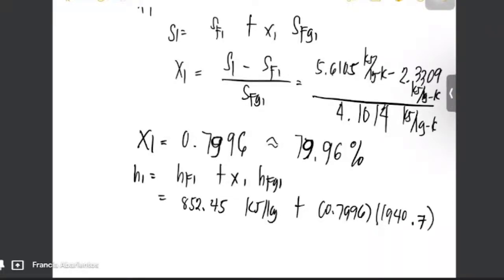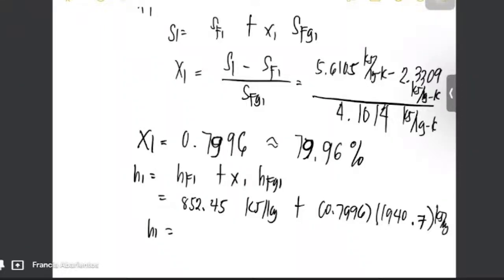May answer na. C class. What is H1? Other classmates. 45 plus 0.7996 times 1940. May nakita na akong mag-answer. Ano yung answer niyo, class?